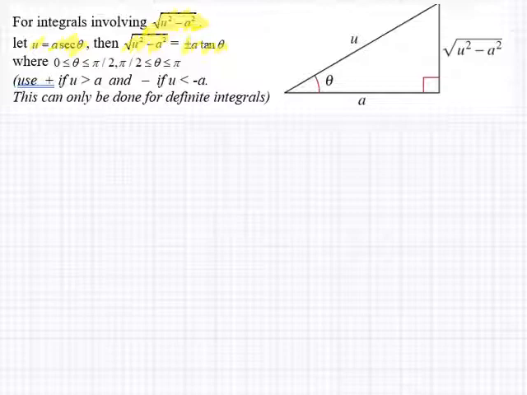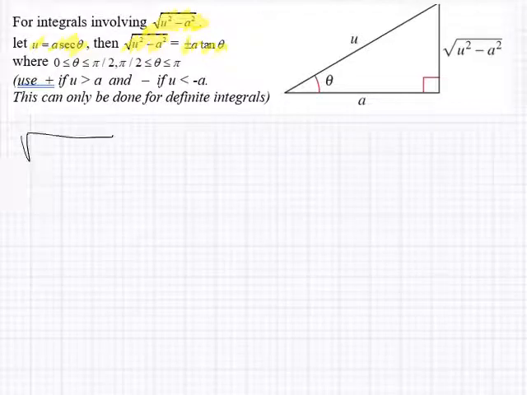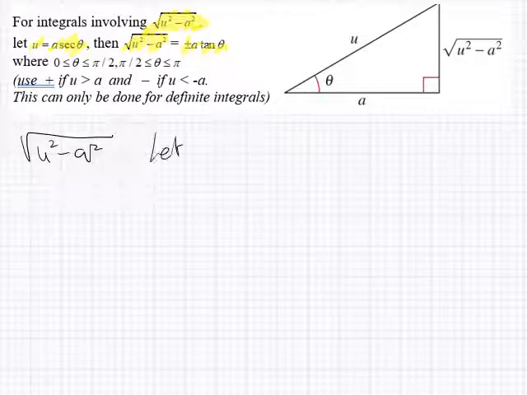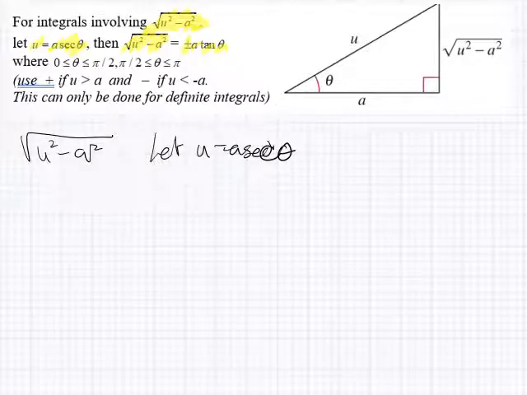But the reason for the substitution coming about is, again, because of basic arithmetic with our identities. And so if we took the square root of u squared minus a squared, and we let u equal a secant theta, if we let it equal a tan theta or a sine theta, it doesn't do anything for the square root. It just makes a big mess.